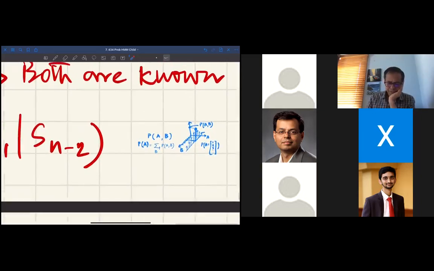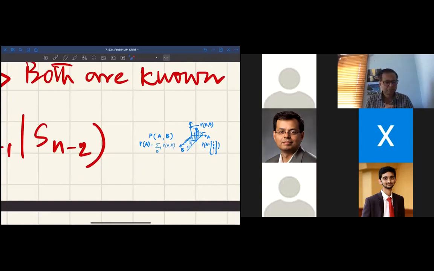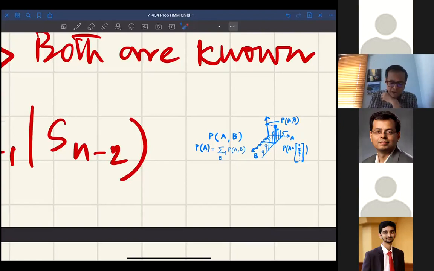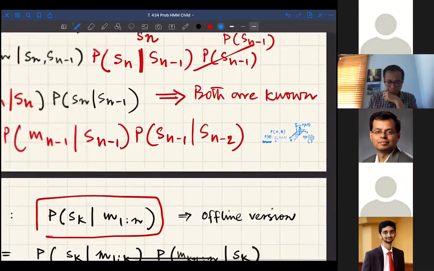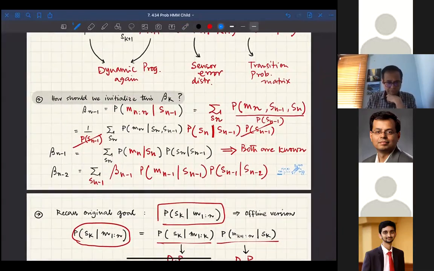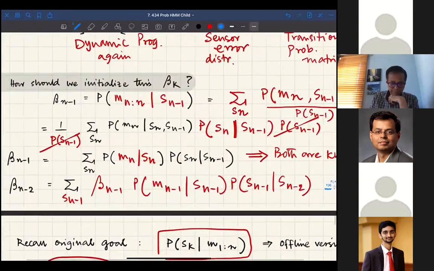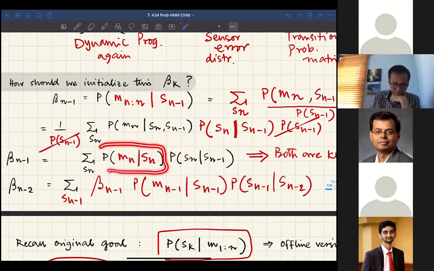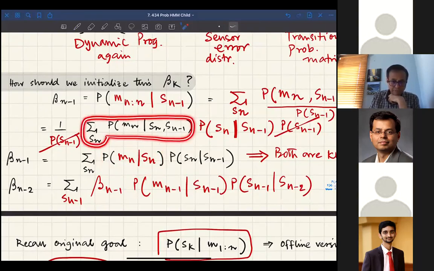No, there's no given. This is P(A,B). When you sum over B, you get A. This is called the marginal probability. I get that part, but if you zoom out a little bit, for beta n minus 1, we have the probability of Mn given Sn minus 1, or no, above. This one? Yeah, pretty much, because we have Mn given Sn comma Sn minus 1.